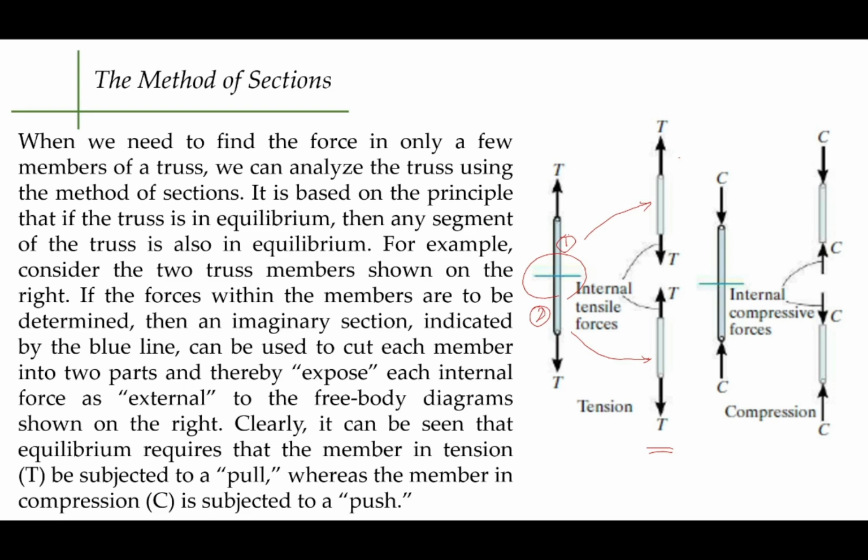Okay, so if one single member, let's call this A, B, and the cut here, we call it C. If this member AB is subjected to compression, and we cut here at point C, this becomes AC and CB. The new segments will also be in compression to satisfy the equilibrium condition.